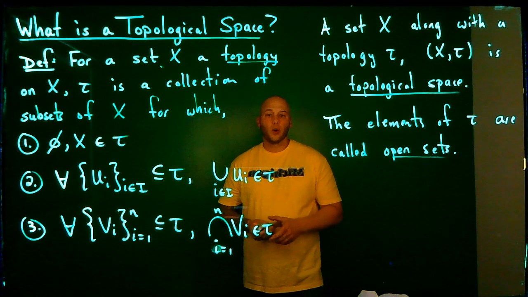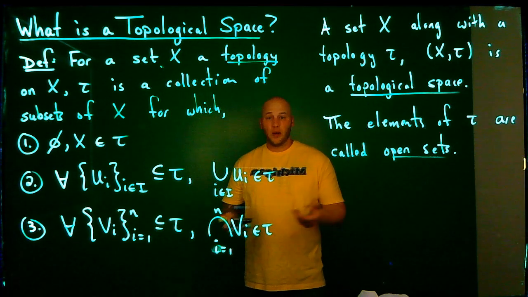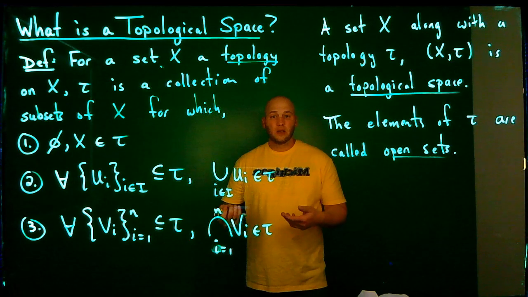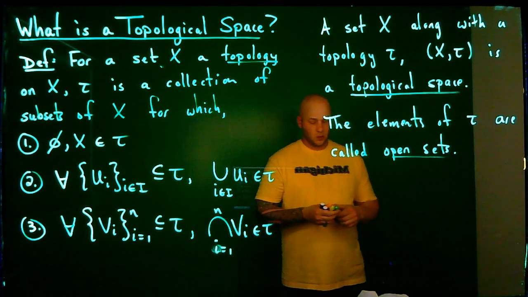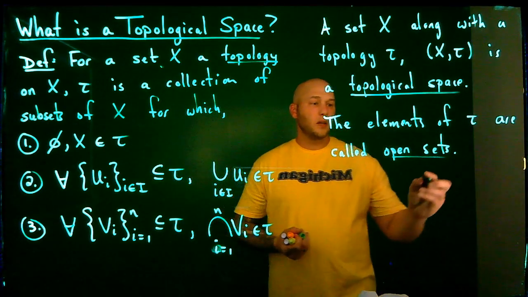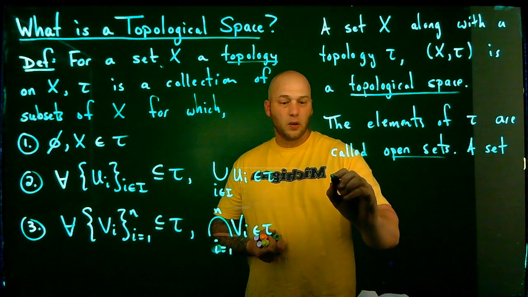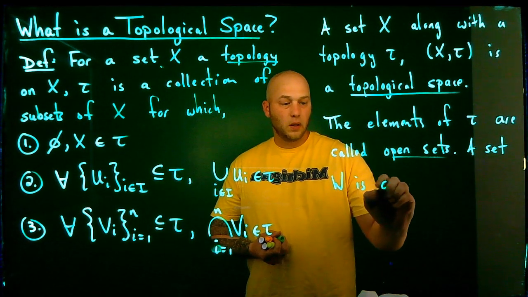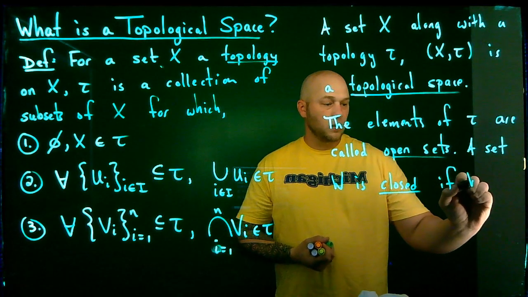You're familiar with the word open sets. Well, we can abstract that concept quite a bit, and open set doesn't necessarily have to mean an open interval on the real line. It can mean lots of other things as well, but elements of the topology are called open sets, and then also a set W is closed if its complement is open.